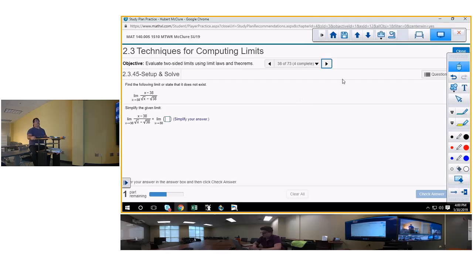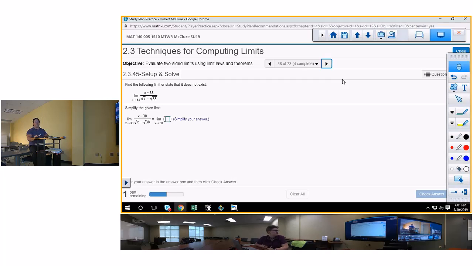All right, what's wrong with this one? Well, you're going to get a 0 in the denominator, which 0 gives you the vertical asymptote. I understand that, but you're not trying to find the asymptote. They're asking you for the what? The limit. So do that one using the conjugate.